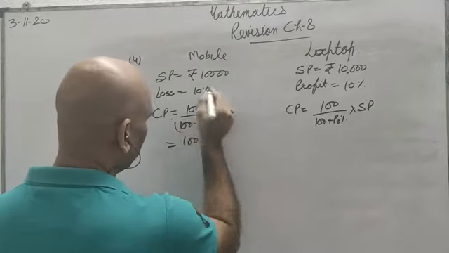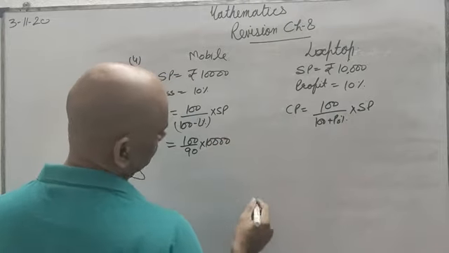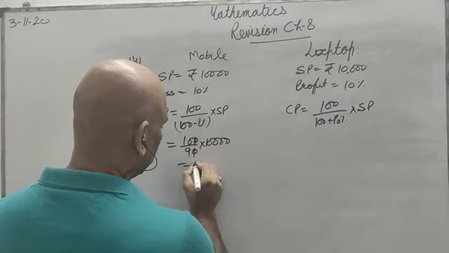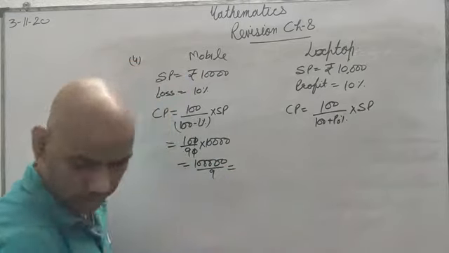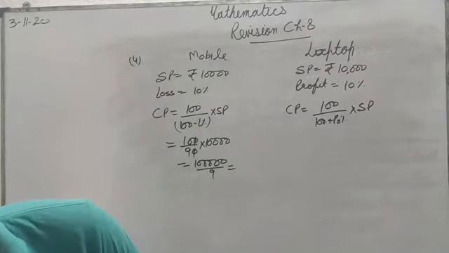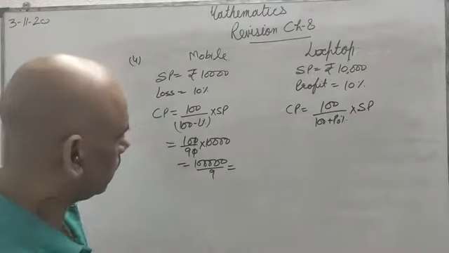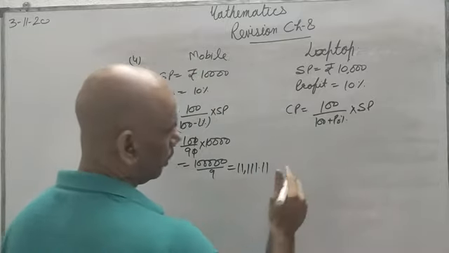So 100 minus 10 is 90 into 10,000. 0 and 0 is cancelled. So 1 lakh divided by 9. What I got? 1 lakh divided by 9 gives me 11,111.11.